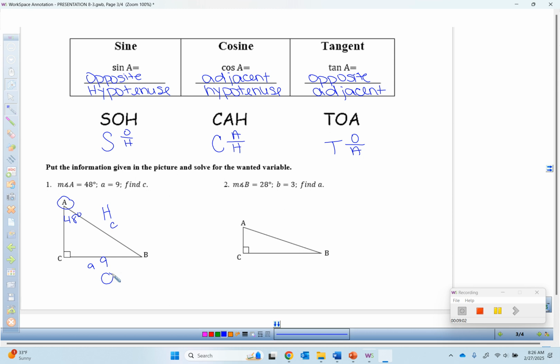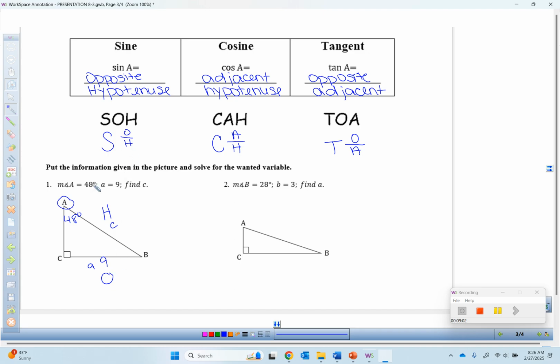Okay? So now I'm trying to find this. So the two sides we're dealing with are opposite and hypotenuse. So which one of these do you think we're going to be using? Sine, cosine, tangent. Sine. I have an opposite and a hypotenuse. Okay?